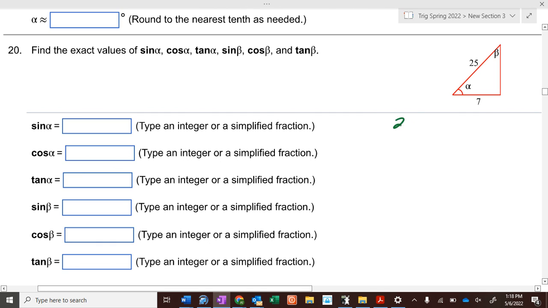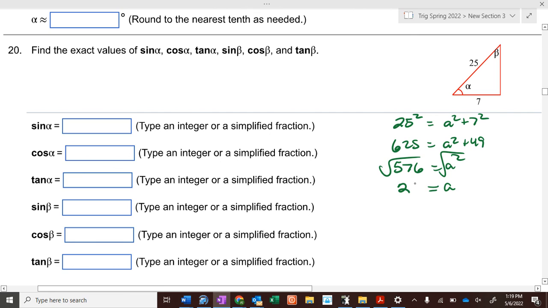Pythagorean theorem. 25 squared equals a squared plus 7 squared. So 25 squared is 625 equals a squared plus 49. Subtract 49 from each side. 576 equals a squared. Take the square root of each side. A equals 24. So the missing side is 24.